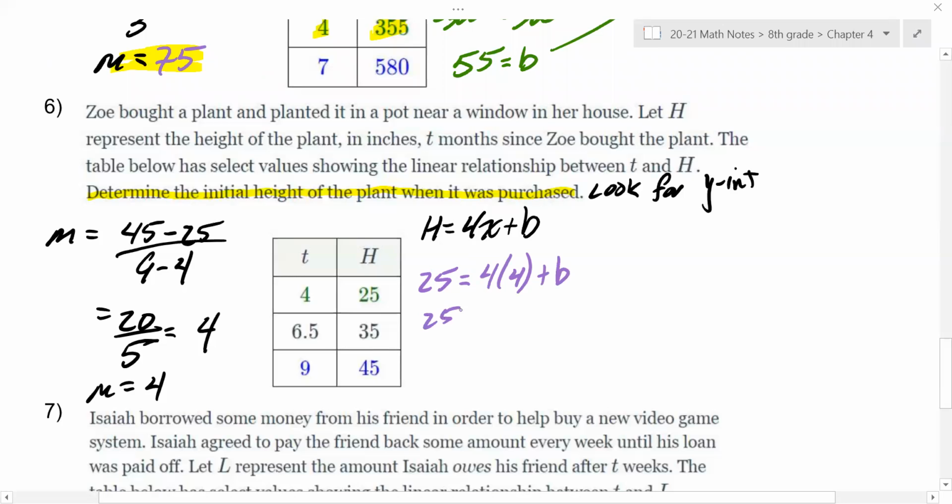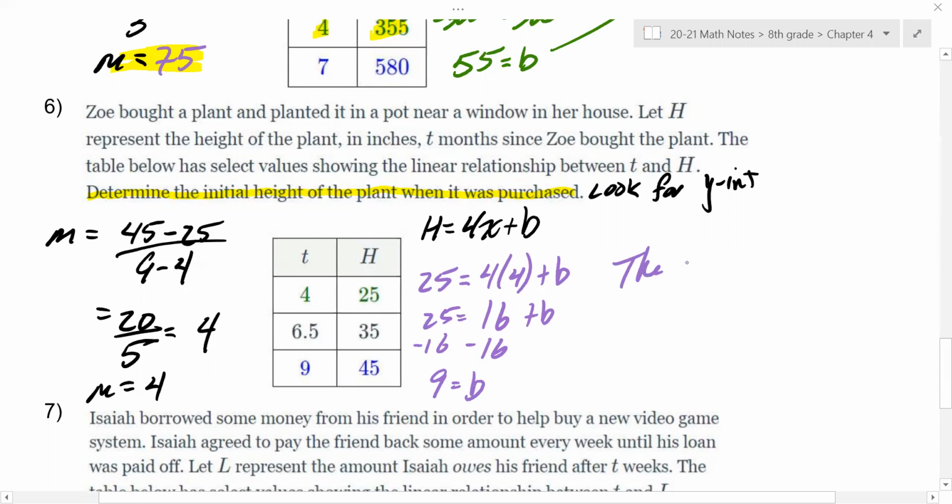That comes out to be 25 equals 16 plus b, minus 16, minus 16. So 9 equals b. In the notes, if you use that as a reference, I might have to undo those, but I'll have the correct version because I made an error on that one. Yep, I had the decimal in the wrong place.